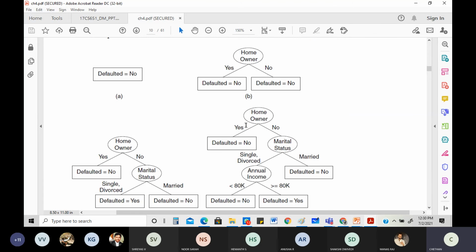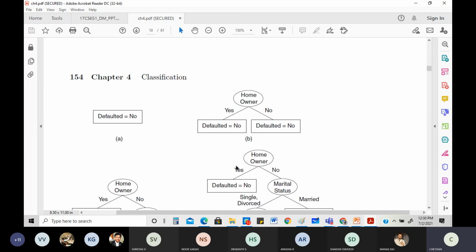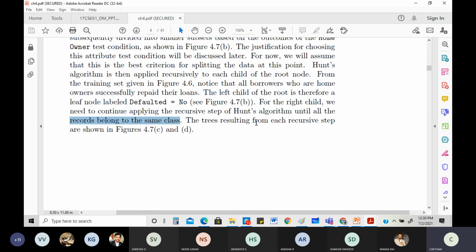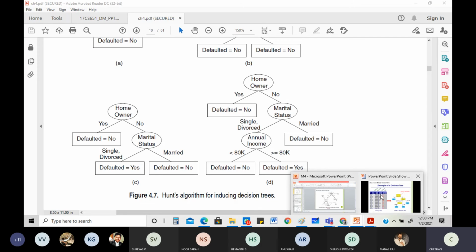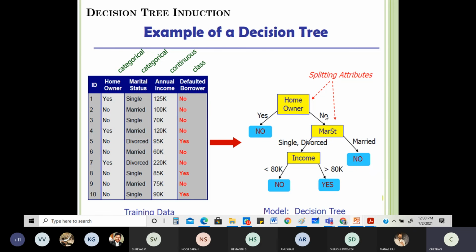Now check: do all the records belong to the same class here? Yes. The tree resulting from it is basically here. We have seen this as an example of a decision tree, so this should not be a problem or complex for you.